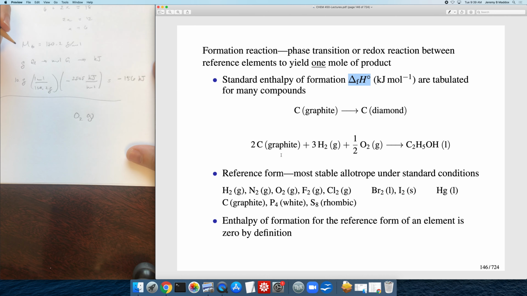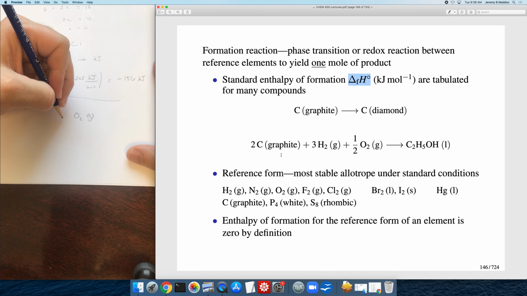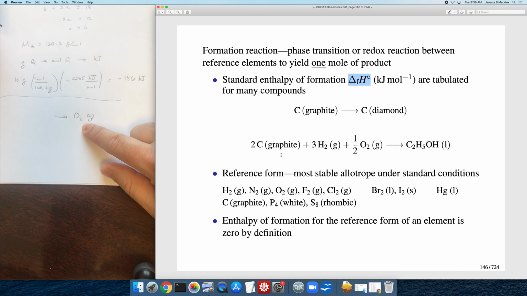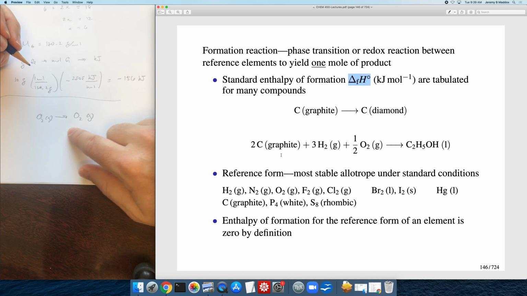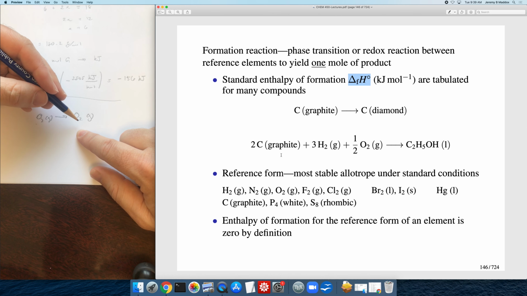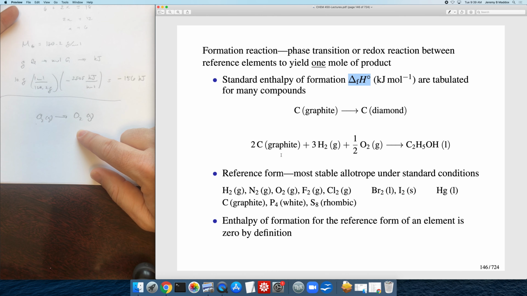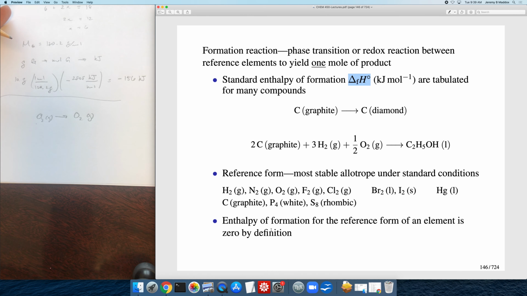If you wanted to make the formation reaction for oxygen gas, you've got 1 mole of oxygen gas on the products, and then you need the reference form of oxygen on the reactants. Well, that's O2 gas. And so, by definition, since the reactants are the same as the products, the enthalpy change for that is 0. And so that's the origin of this last statement.